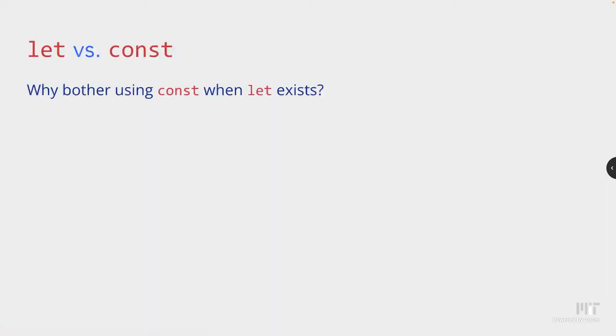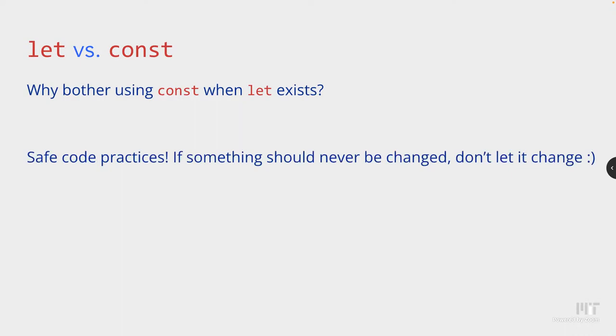Okay, so a lot of you might wonder why bother using const when let exists. You can just use let for anything because it's less restrictive. Well, it's good to have safe coding practices. So let's say you want to make sure that const answerToLife equals 6.148 does not change.